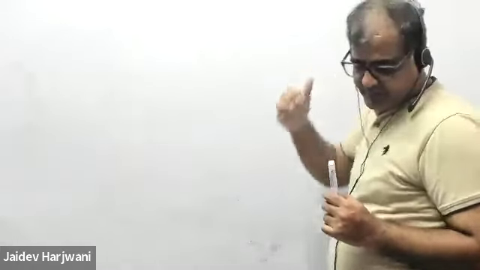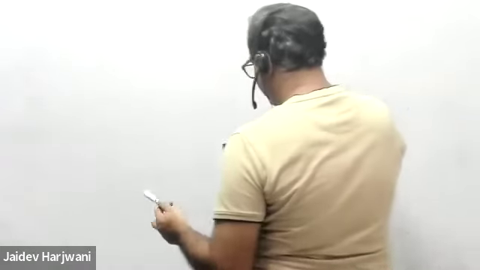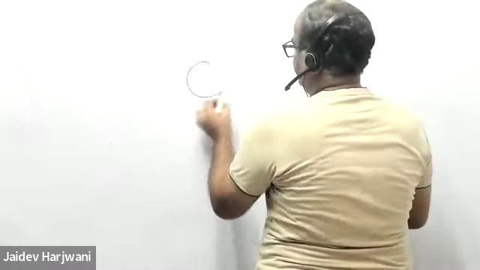Yes. For oscillator, the phase shift should be either 0 or 360. Okay. Now it's clear. For oscillator circuit, the phase shift should be... this is the circuit. This is your amplifier circuit.